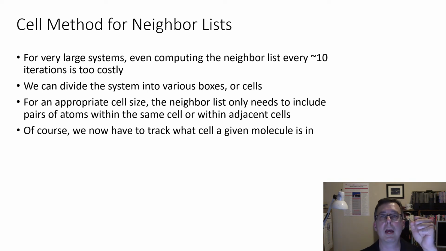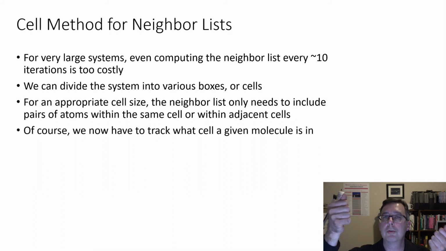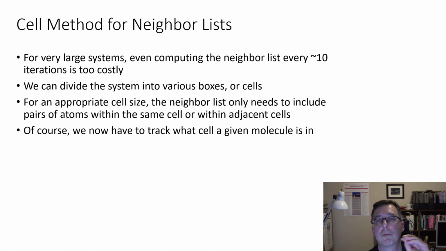So if I know this guy is 3 cells away, and if those cells are fairly large, then I know I don't need to compute this distance even every 10 or 20 iterations, because it's just too darn far away. And this would be the more modern and better way to do it for large scale simulations. Of course, I do have to keep track of which cell each atom is in, but I can do that.